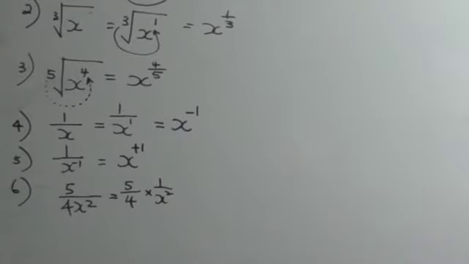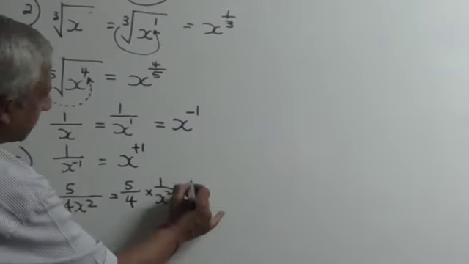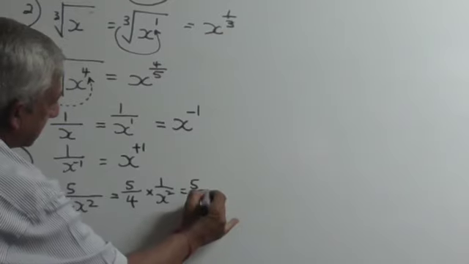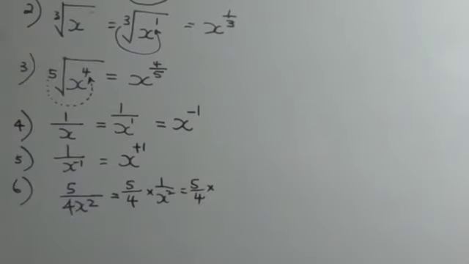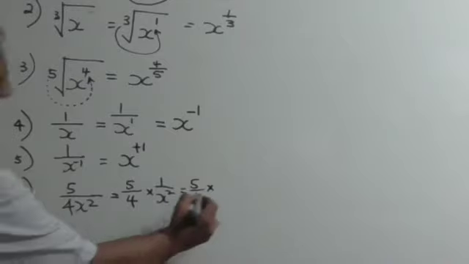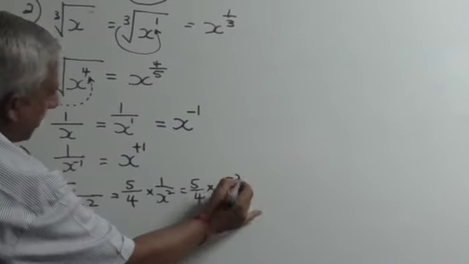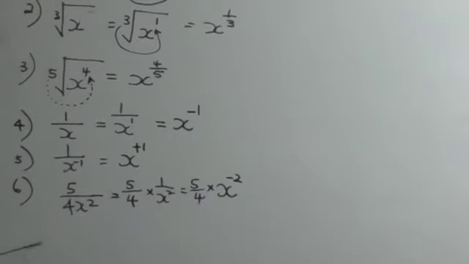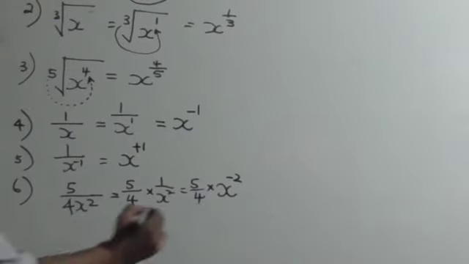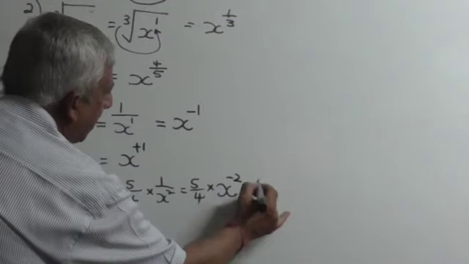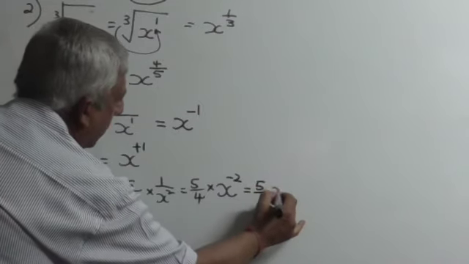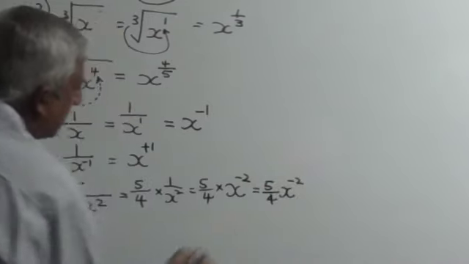Now the 5 over 4 will remain the same. But this is 2, so when it goes to the top, it becomes minus 2. And that finally will become 5 over 4 x to the minus 2.